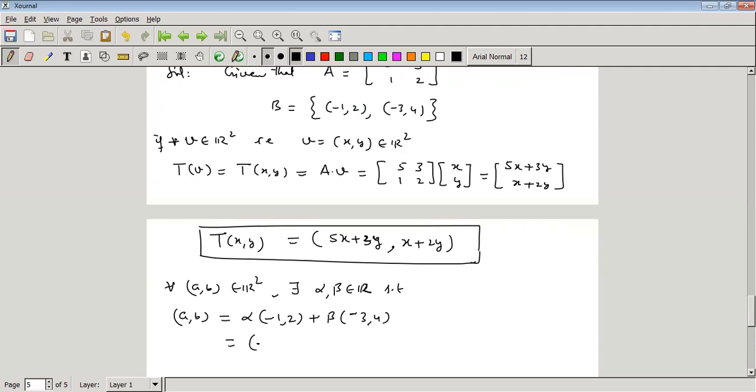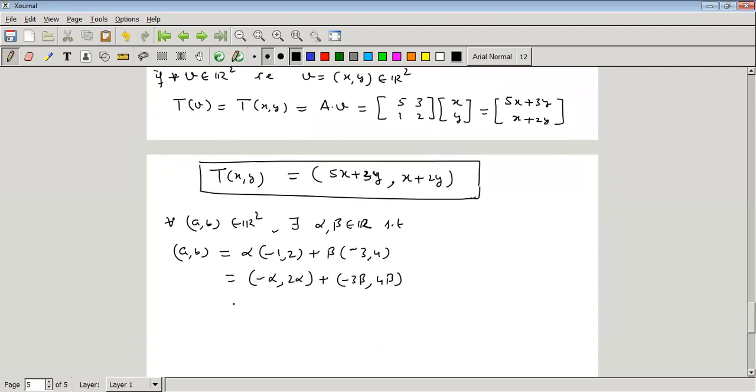We multiply this and add the two vectors, and we get (minus alpha minus 3 beta, 2 alpha plus 4 beta).